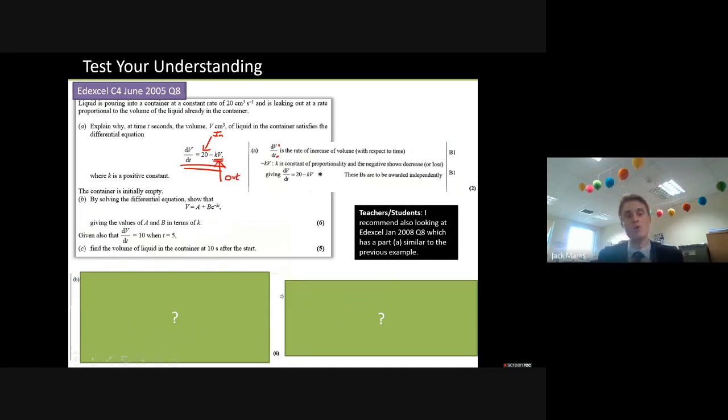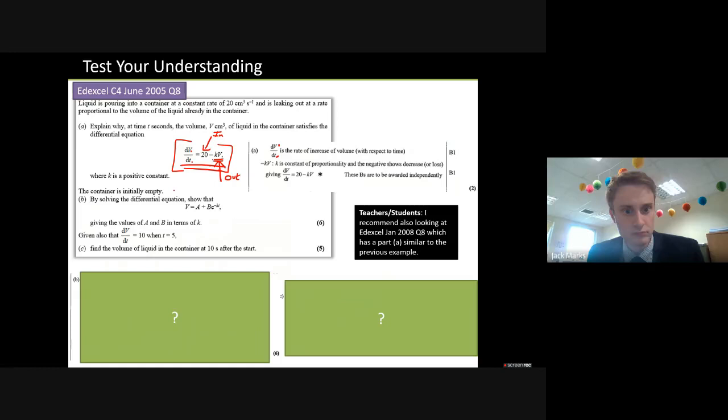So how does the overall volume of the tank change over time? Well, 20 is going in, but then there is some amount going out. So this here takes into account the in and the out. So this is the overall change in volume over time. So a lot of information just to find that part there.